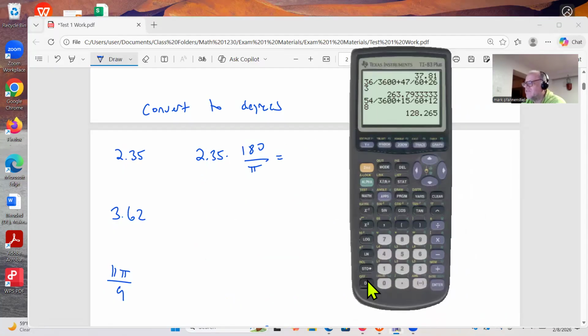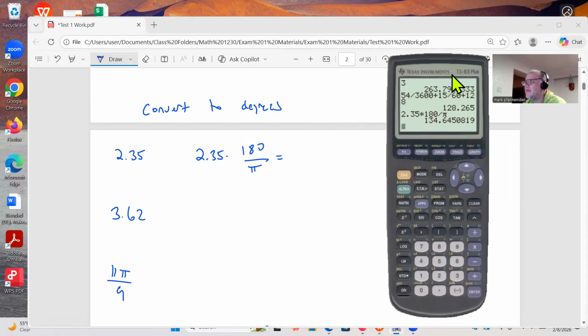So we have 2.35 times 180, divided by pi, and we have to find where pi is on this computer, which looks like it's right here. Times 180 divided by pi, and then we'll go ahead and do that.